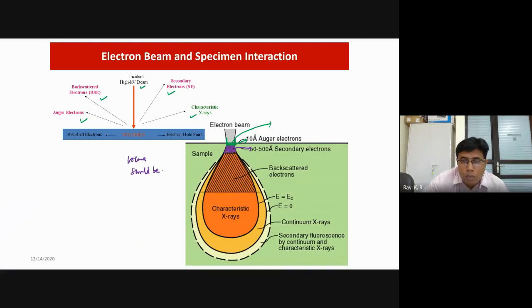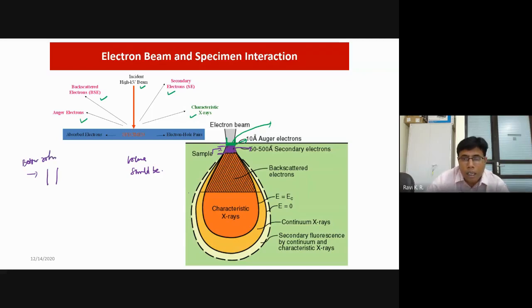Auger electrons come from the top of the surface. Secondary electrons have a slightly higher interaction volume and come from slightly lower. If you go deeper and deeper, the volume should be narrower and narrower, and narrow can give you better resolution.